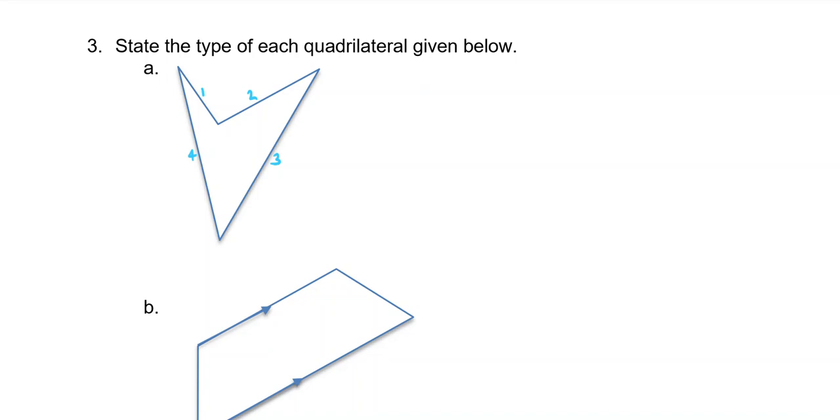So the best we can do is call this a quadrilateral. And then talk about whether it is convex or non-convex. Because we have this angle pointing in, this would be a non-convex or concave, if you prefer, quadrilateral.